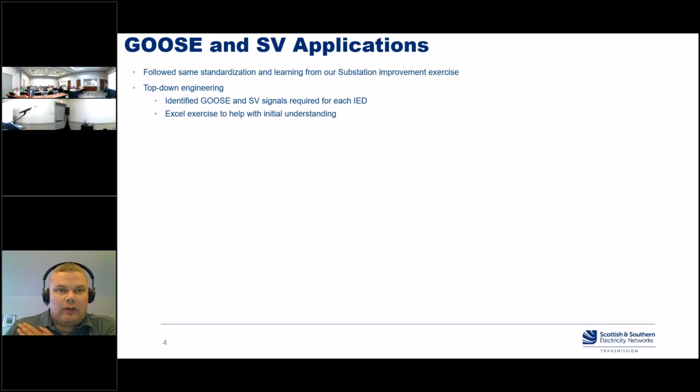So in terms of GOOSE and sampled values applications, we followed some of the same standardization and lessons learned from our substation improvement program that we've learned from the last 10 years. It became obvious to us after the initial delivery that top-down engineering was very important for substation delivery. We use Helix as our design tool for 61850 configuration and communications configuration.